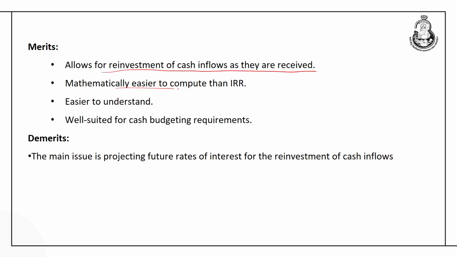It is mathematically easier to compute with the help of a table also, unlike the IRR where we are picking one rate after another and trying to find the rate at which NPV becomes 0. It is also very good for cash budgeting requirements, where management is interested to know how much cash could be allocated for the different projects, and it is also easier to understand.